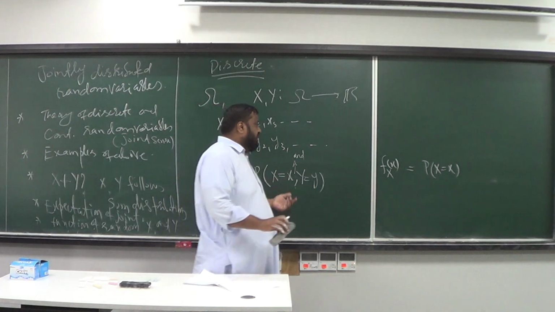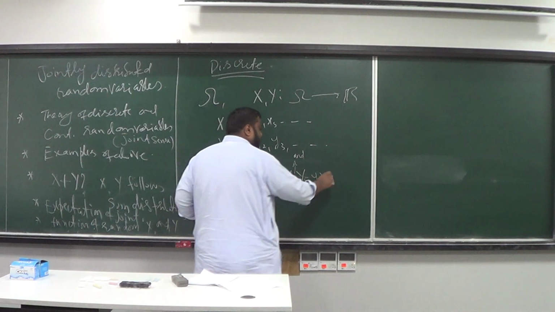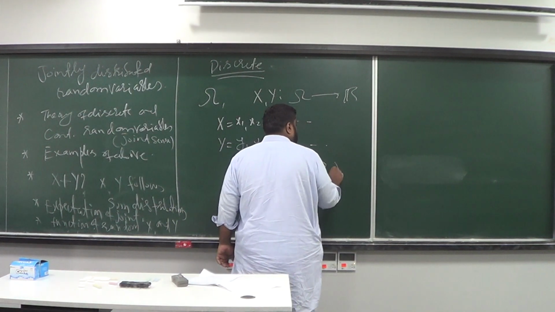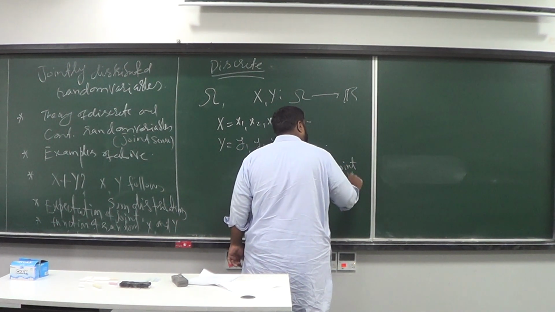But here, since you have this joint probability, you call such probabilities joint probabilities.